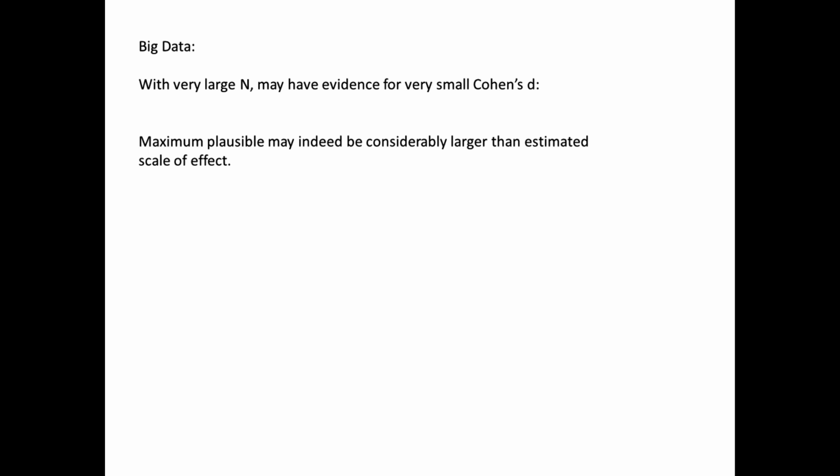So actually, and I know this is meant to be our big data, which isn't something I've thought a terrible lot about, so my examples haven't been very big data-ish. But when I think about it, the maximum plausible may indeed be considerably larger than the estimated scale of effect when you're dealing with tons of data. Right? So Cauchy may well be more important than I've personally found, because I'm just a humble cognitive psychologist who runs 30, 40 subjects.